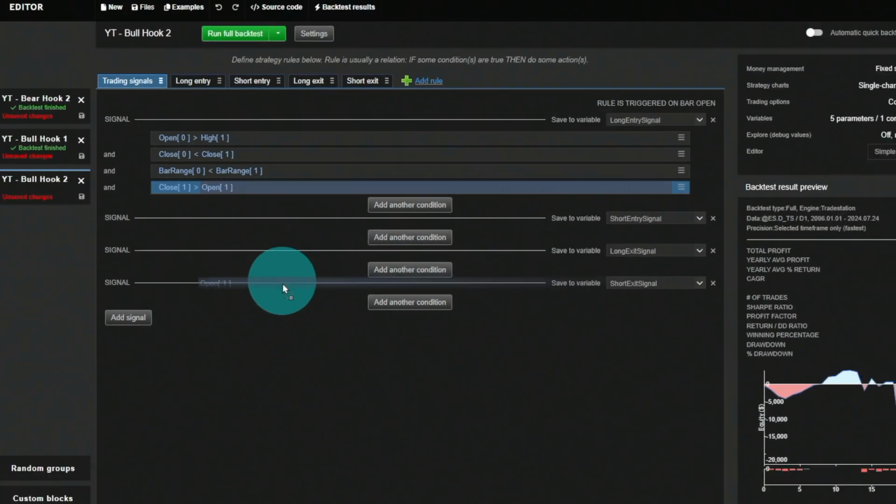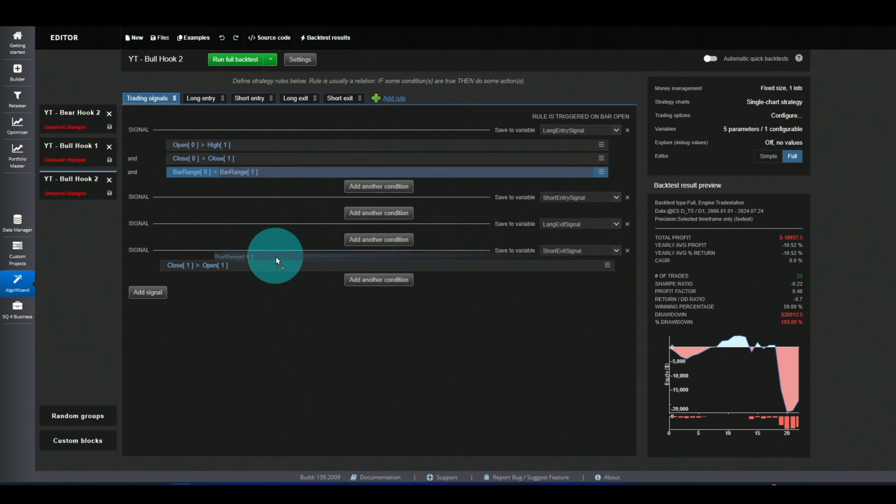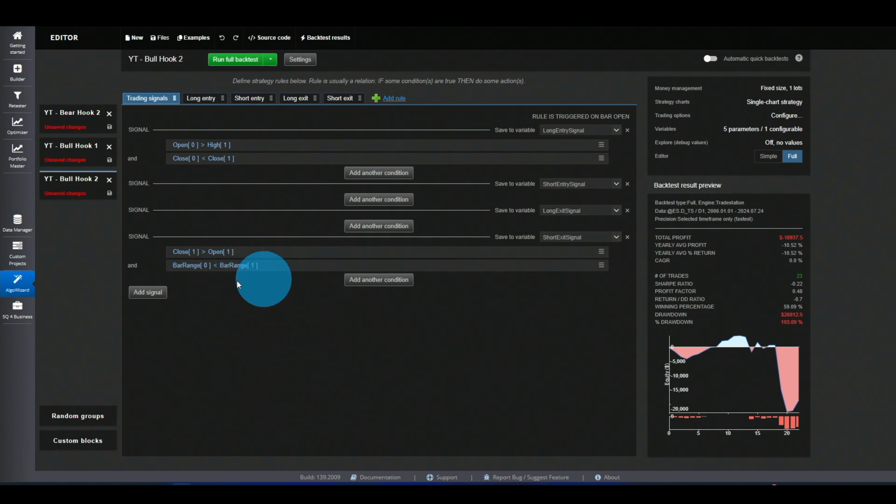So I will move them to the short exit because we don't have a short entry, so this will not have any effect on the strategy now. And now basically we are using the hook, so we don't care if yesterday was a down day or an up day. It doesn't matter. We only care that today's open is above the previous day high and the close below the previous day close.